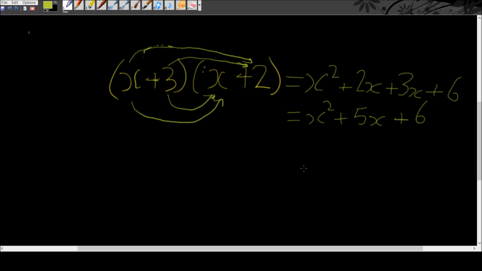Okay, let's look at another example. Let's say, actually I'll divide my page into 2 in a squiggly line like that.